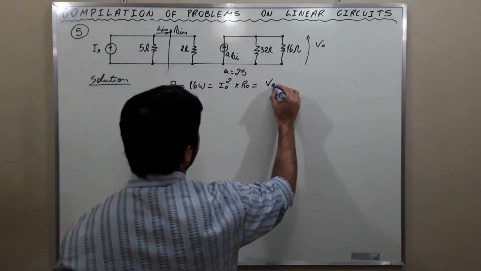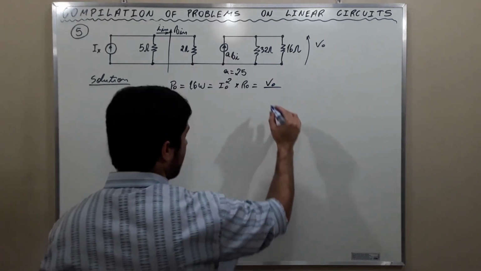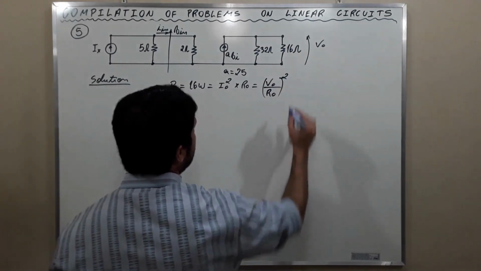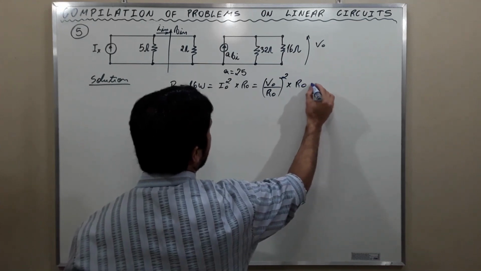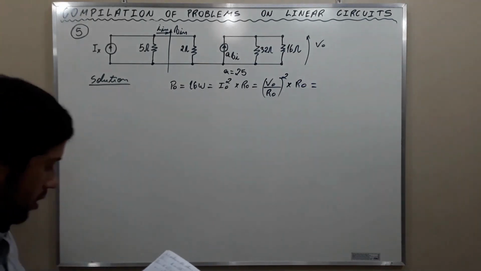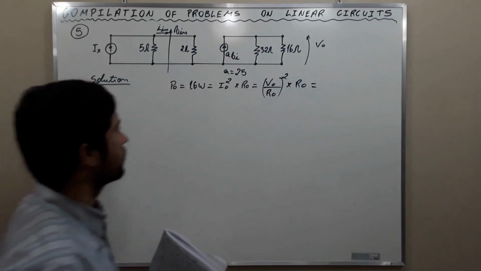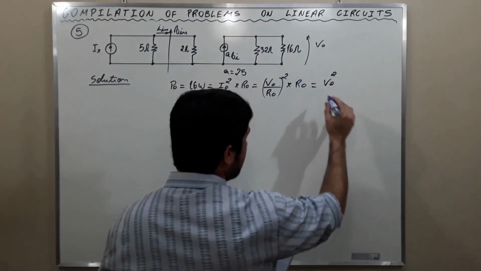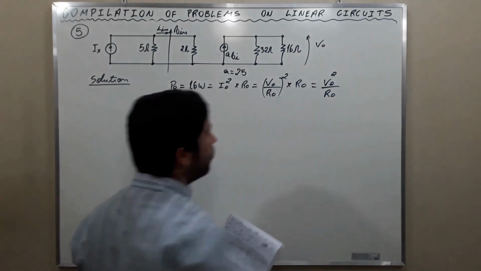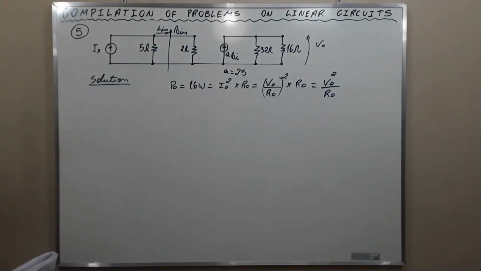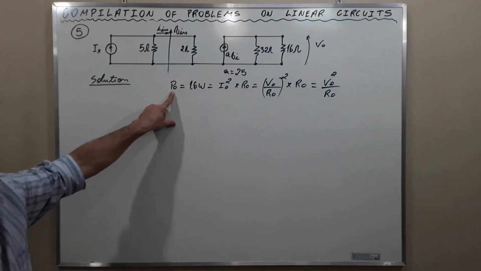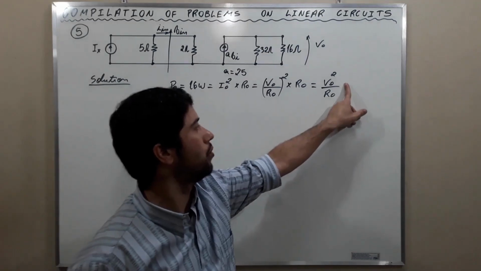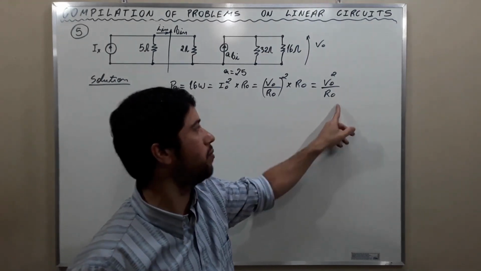So VO divided by RO, squared, times RO, and this is VO squared divided by RO. PO, the output power, is equal to VO squared divided by RO.